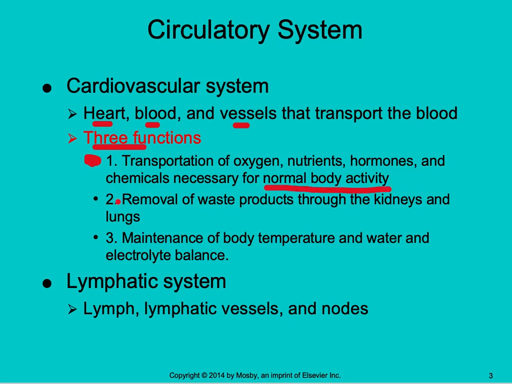Function two, removal of waste products through the kidneys and the lungs. And three is the maintenance of body temperature and water and electrolyte balance. And then our lymphatic system is lymphatic vessels and nodes. So we'll touch base on all of these as we go along here.